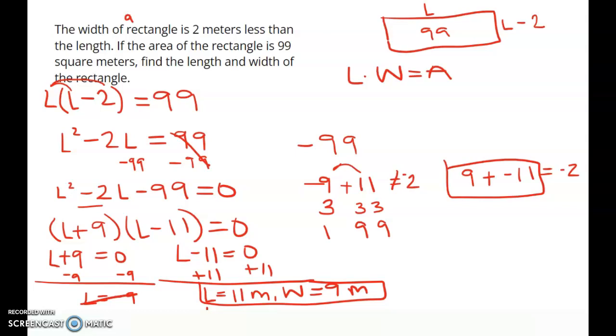Now we can do a check again, make sure it fits the parameters of the problem. Is the width 2 meters less than the length? Well, yes it is. 9 is 2 less than 11, and the area will still be 99 because 11 times 9 is 99. So just make sure, draw yourself a picture, label the sides, and then use the formula for area as you go throughout.